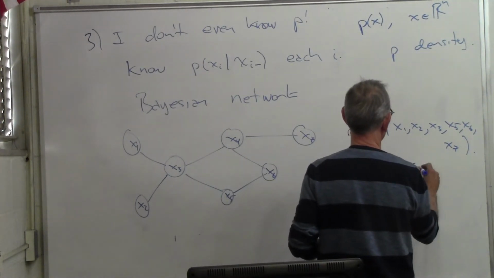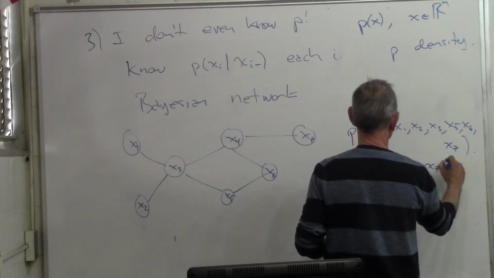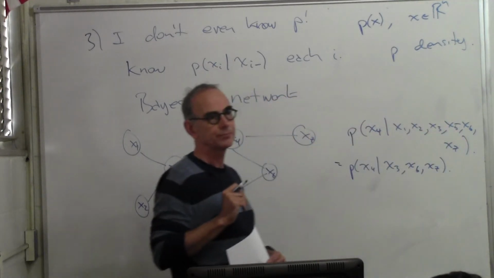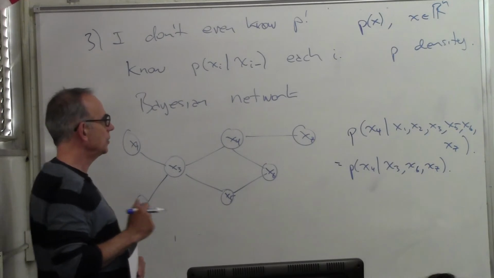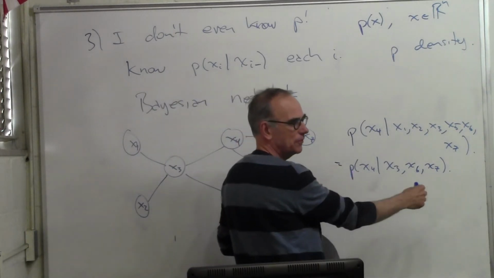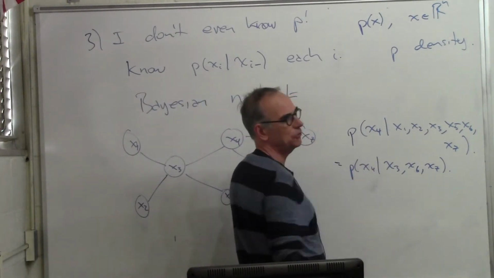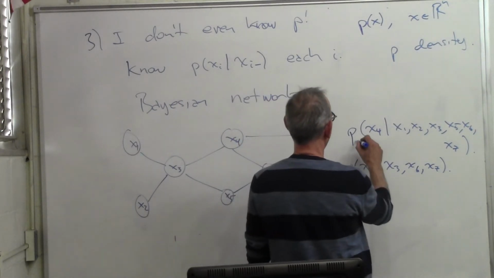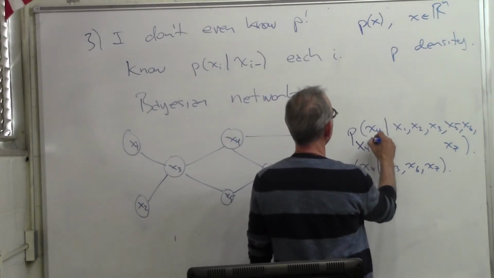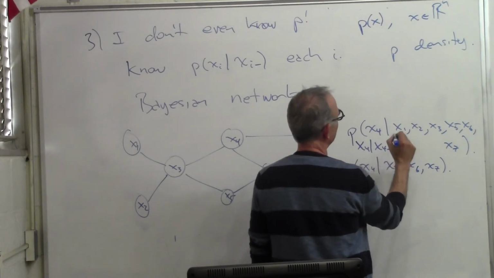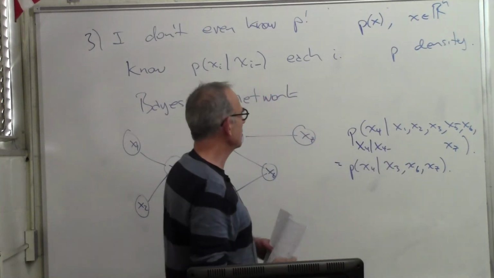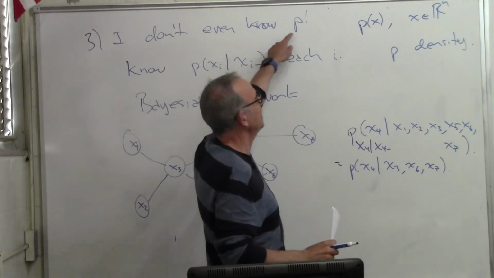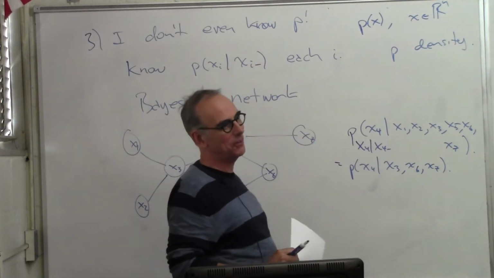I'll put these in order. Really I should write x4 given x minus 4. The notation would kill me if I put all the details in. Normally you would write capital X4 conditioned on x minus 4, because this p is different than that p, but I just can't put all that notation in. Nobody does.